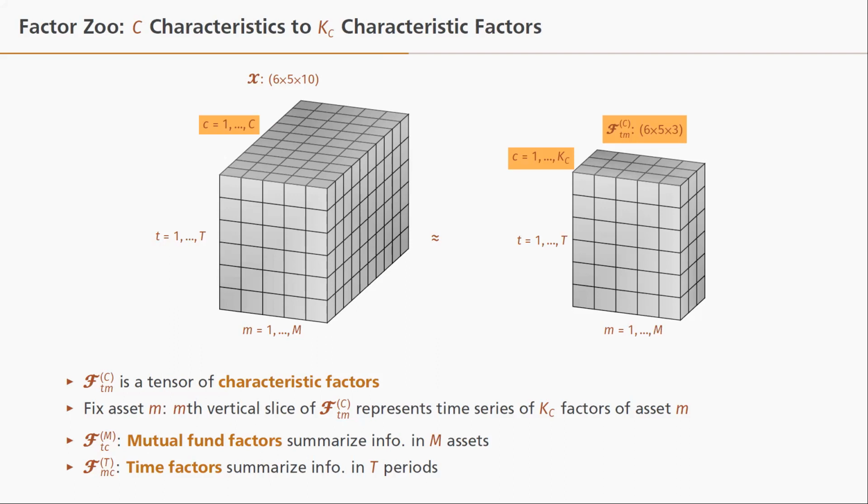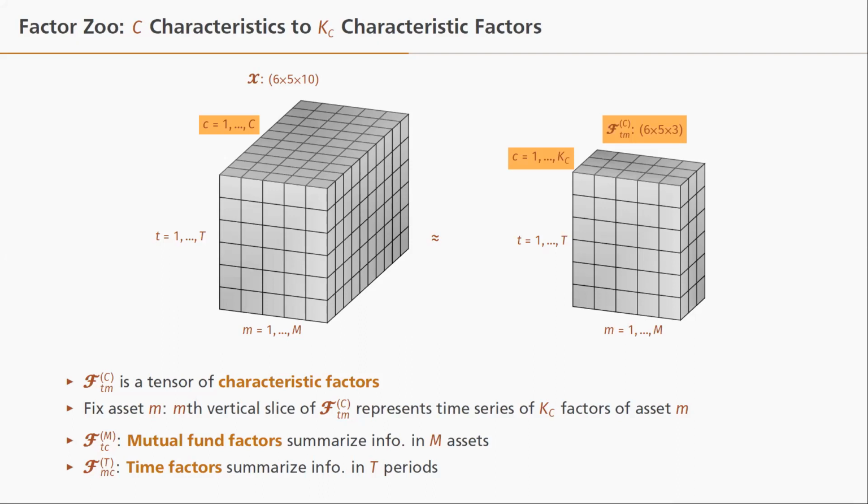For example, take the first fund here. You have a time series for each of the characteristics. These 3 factors would summarize the C characteristics in KC factors for the first fund. But for fund number 2, it's different. Yes, of course.